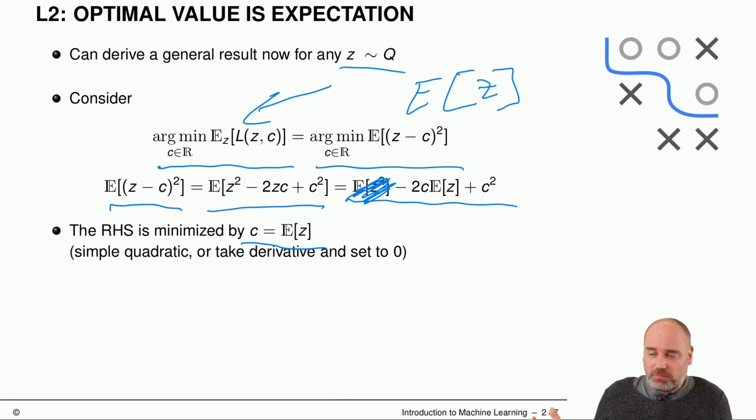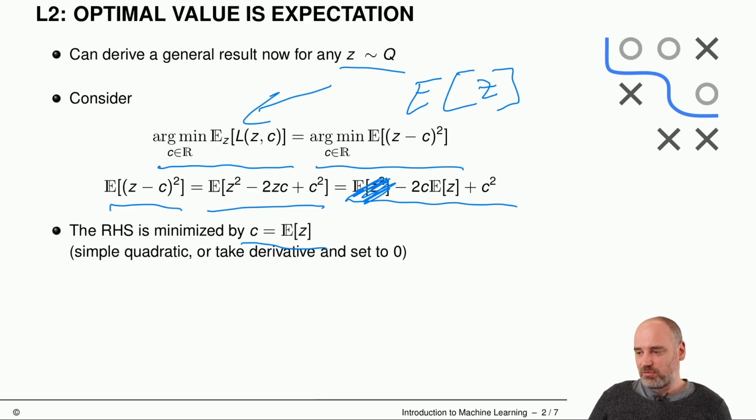You might have heard before that the solution of this L2 loss minimization problem is the mean, the expectation. That's what we're saying here. But I'm pointing the finger to the fact that this holds true given any distribution Q, as long as we can compute these expectations. I'm not always going to make that explicit on the slides, and this is a very basic fact.